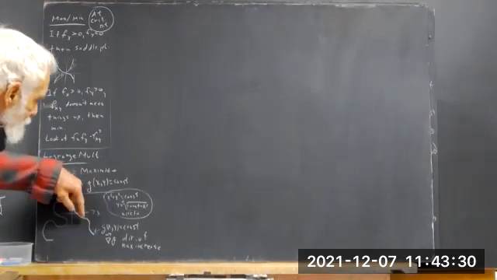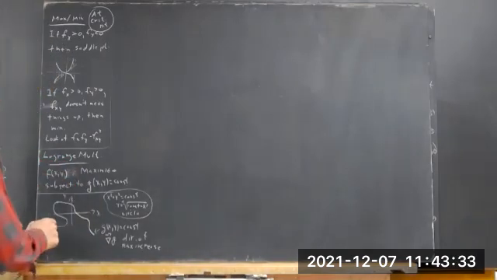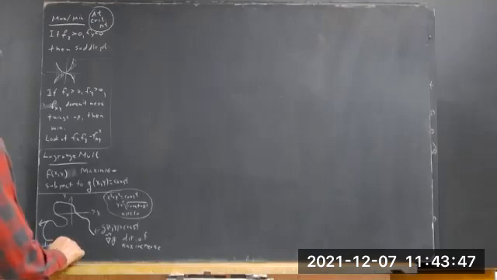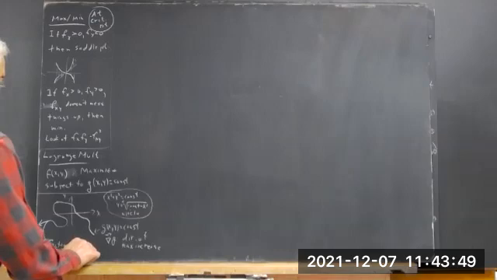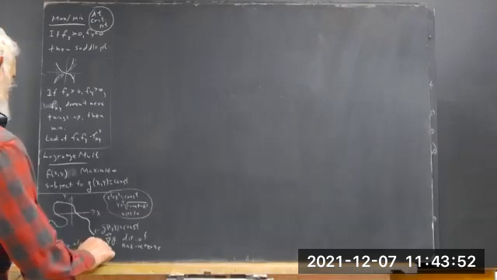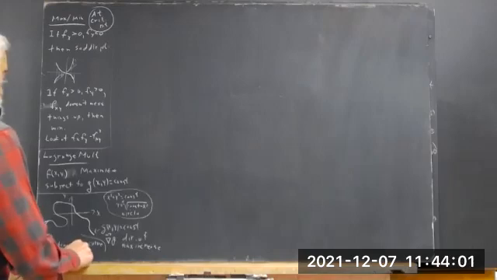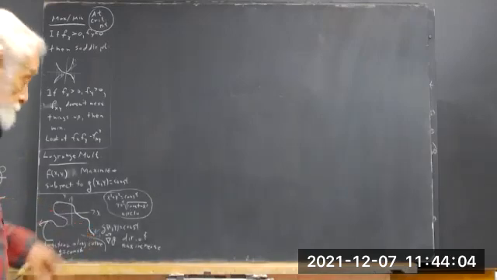Because your direction along the curve is, let's just say here, and along this curve, g is constant.